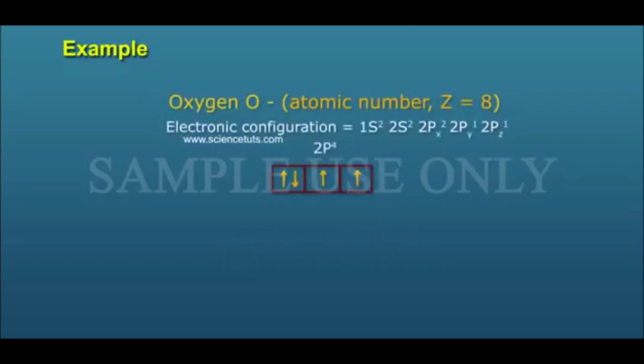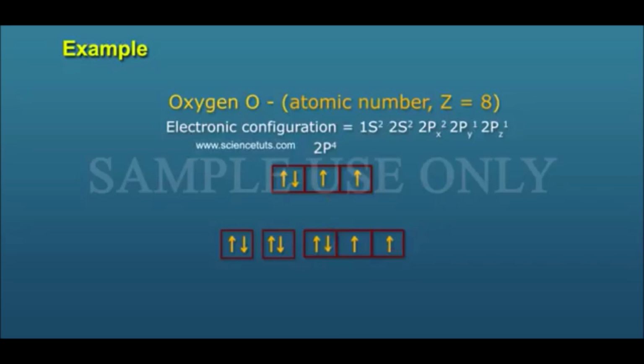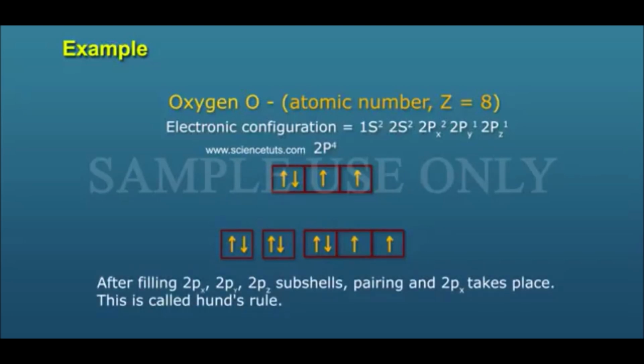Oxygen, O, atomic number Z is equal to 8. 1s2, 2s2, 2px2, 2py1, 2pz1. After filling 2px, 2py, 2pz subshells with 1 electron, pairing in 2px takes place. This is called Hund's rule.